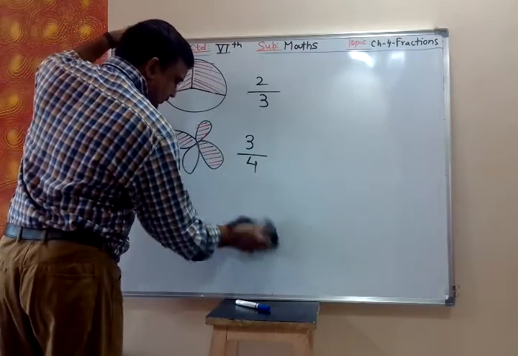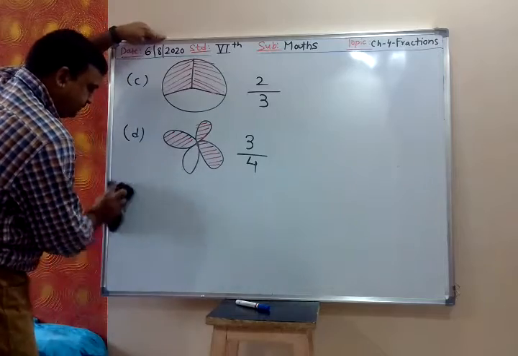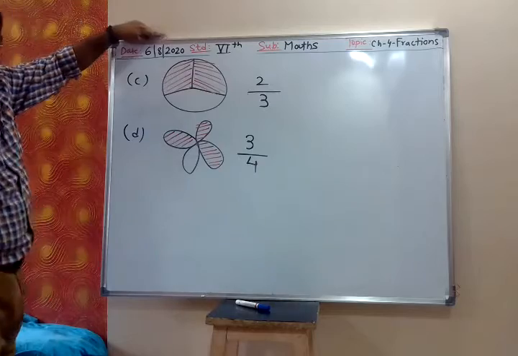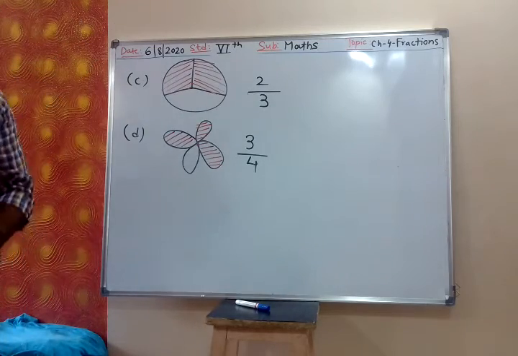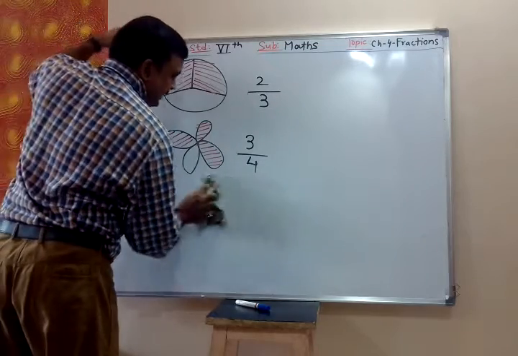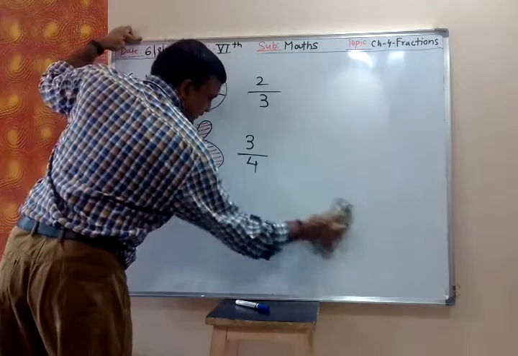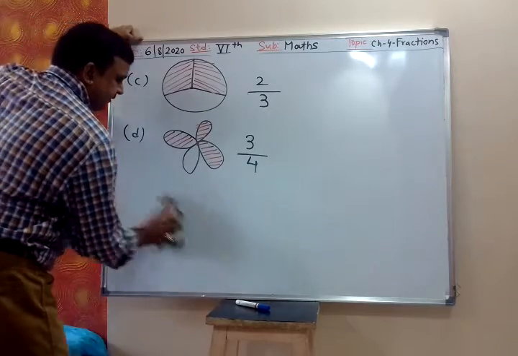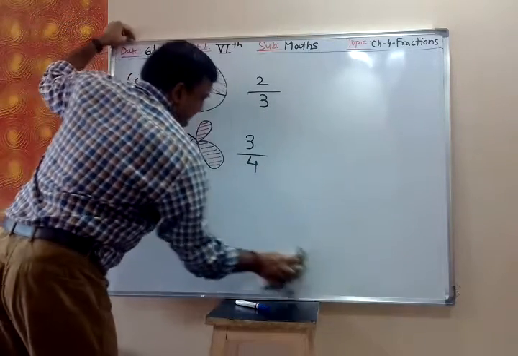Now we have to do the second part. Question number 2: color the part according to the given fraction. Color the part, you have to color or shade the part. Color is the same as shading.